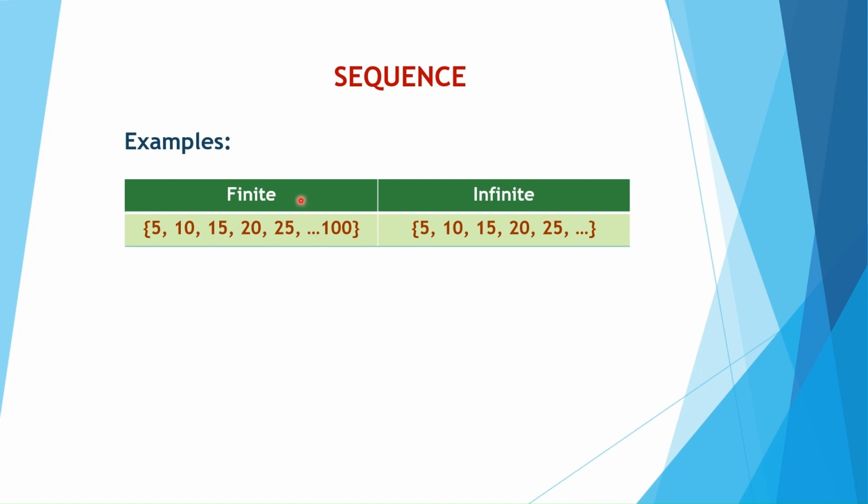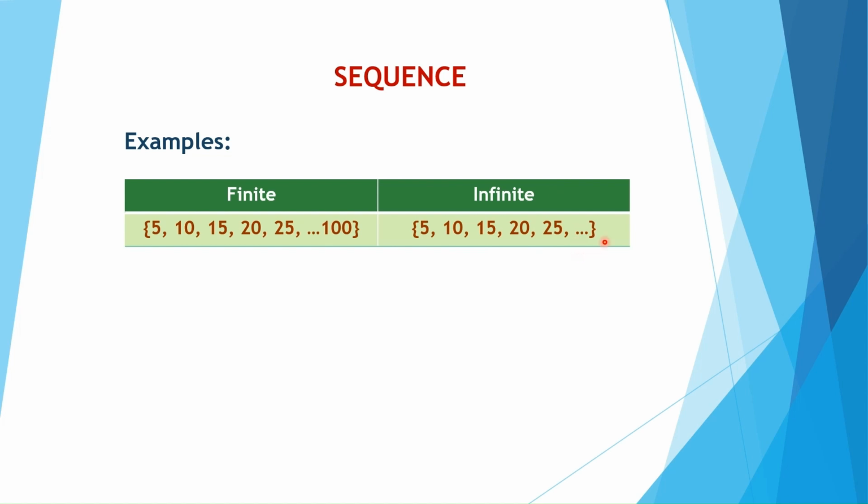Examples: for finite, we have numbers that are multiples of 5 until 100. So it stops at 100. It has a definite end, that's why it's finite. On this side are numbers that are also multiples of 5, but it is an example of an infinite sequence.